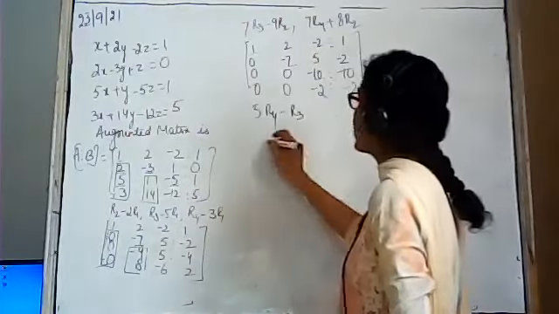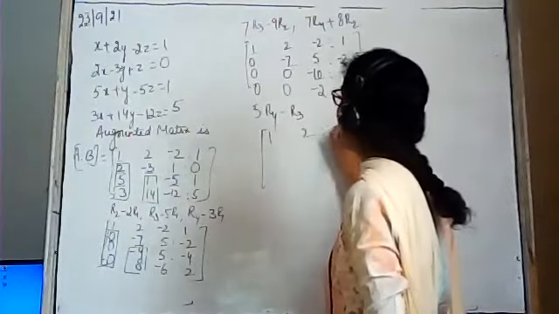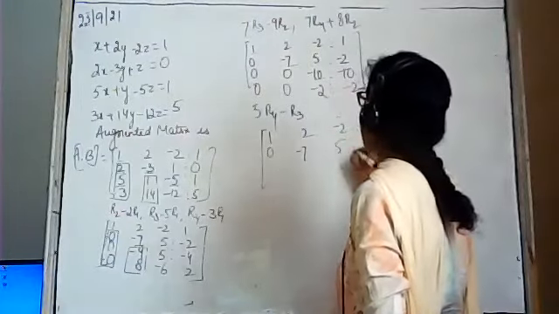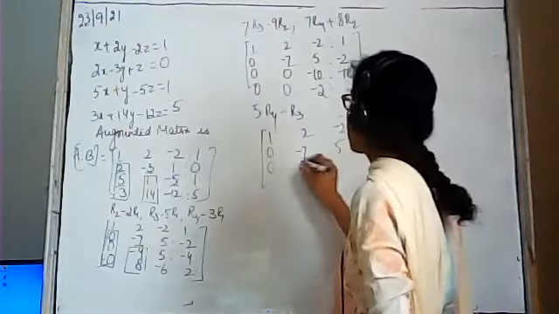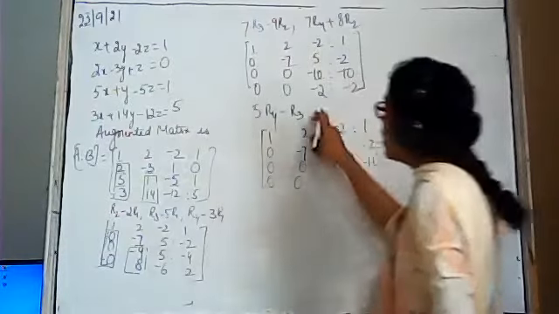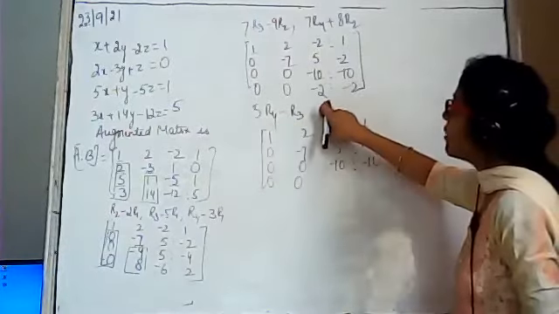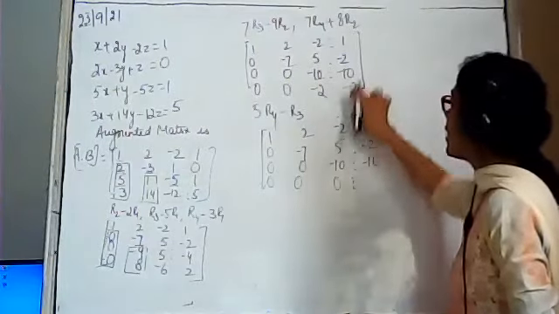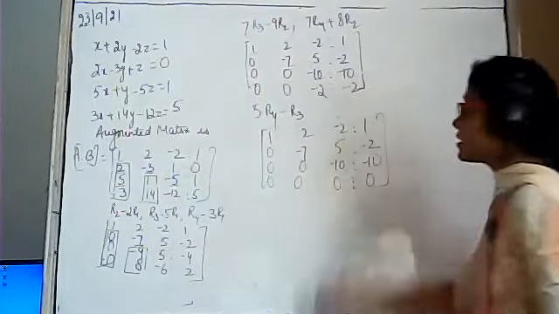If we operate this operation, it will be 1, 2, minus 2, 1, 0, minus 7, 5, minus 2, 0, 0, minus 10, 0, 0. 5 times R4, 5 into 2 is 10, minus 10 plus 10, it will be 0. Again, minus 10 plus 10, it will be 0.